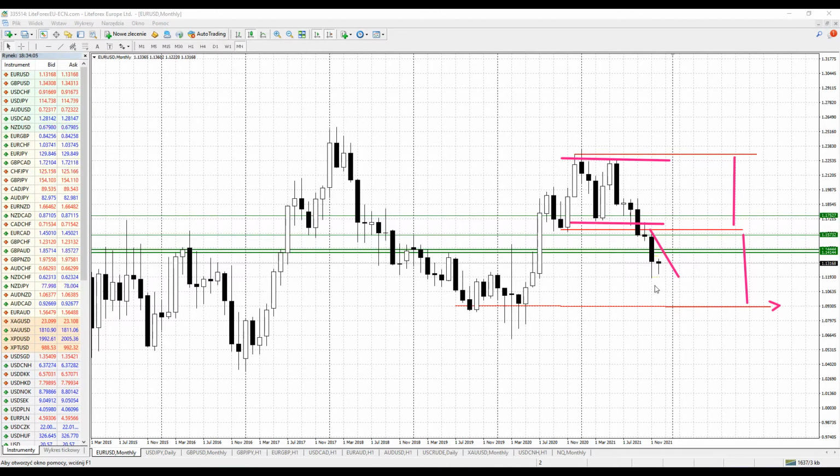What kind of rally can we see if that's going to happen? We might see one of these rallies we've seen some time ago. We are going to make some measures as well. Now, the very interesting thing is from where we might see the rally.